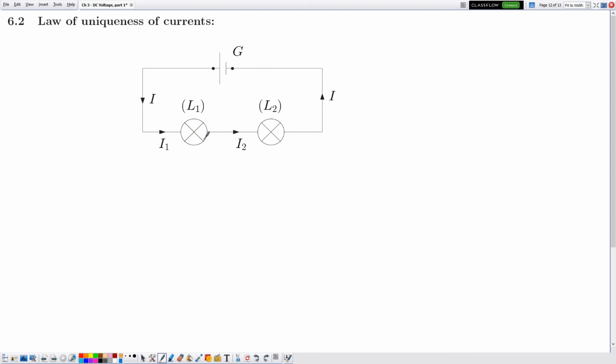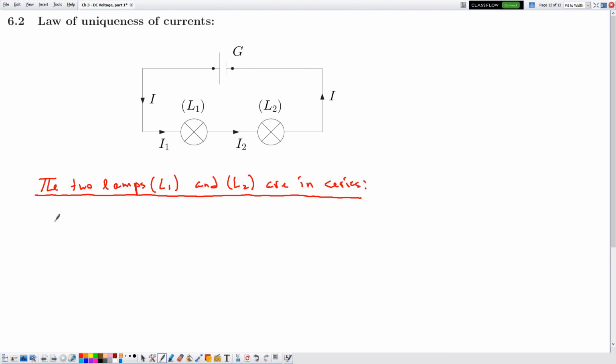Now here let's note that the lamps L1 and L2 are in series. Then according to the law of uniqueness of currents, they have the same current.